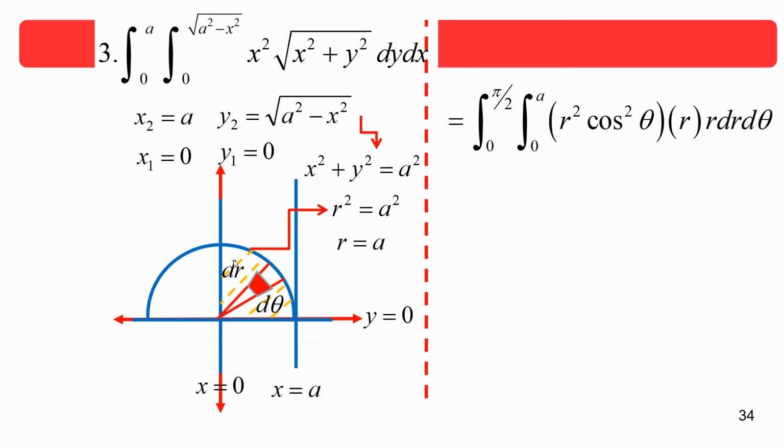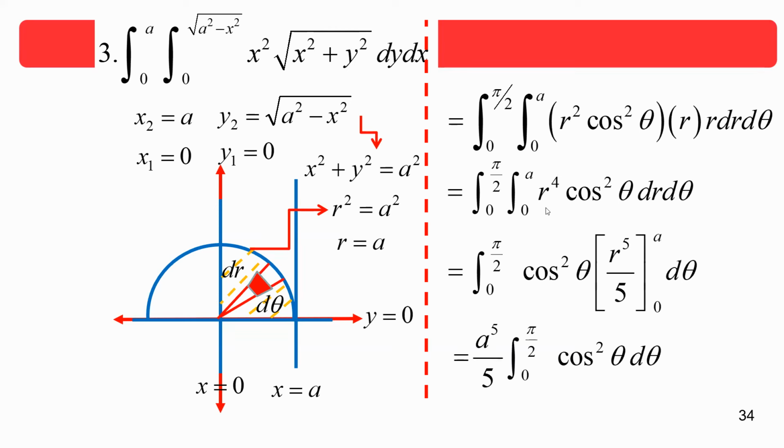And then the shaded portion is from the x-axis up to the y-axis. I can say that's 90 degrees. So from 0 up to 90. So here, let's just combine what we can combine. That's going to be r and r to the 4. So r squared and then the 2 r's. Cosine squared theta dr d theta.